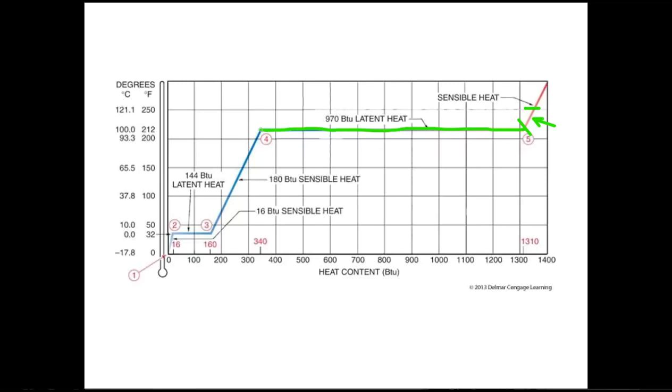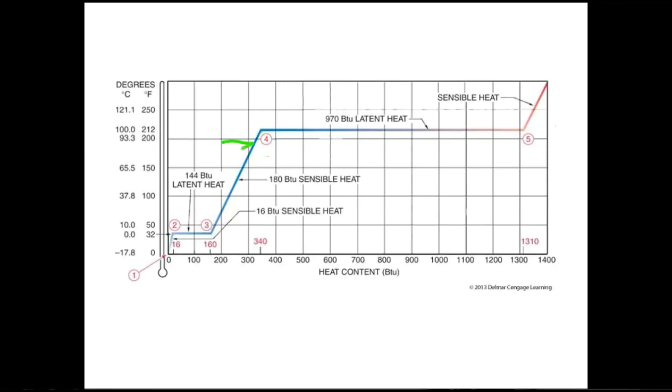At the point where it's 100% liquid, we start to pick up sensible heat. So this is our subcooling point. So if we took our refrigeration cycle and we started right here, well, we're going to start right here.